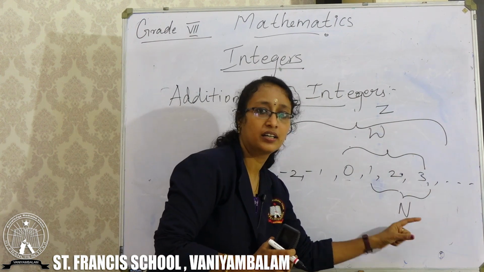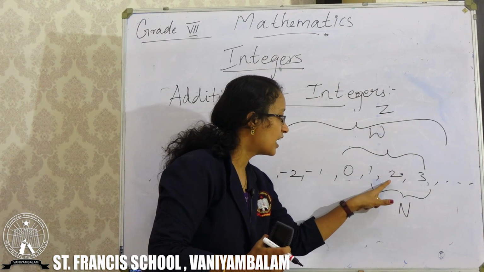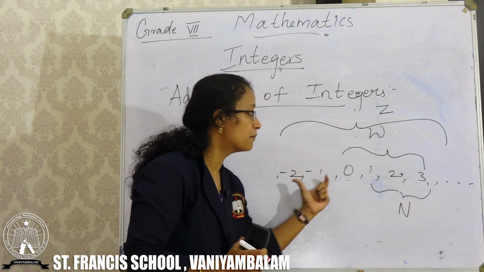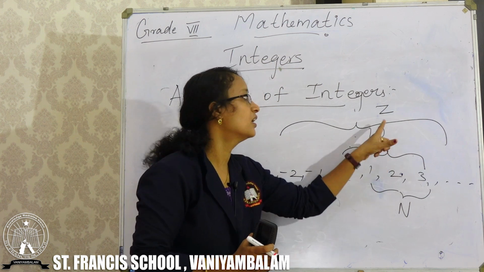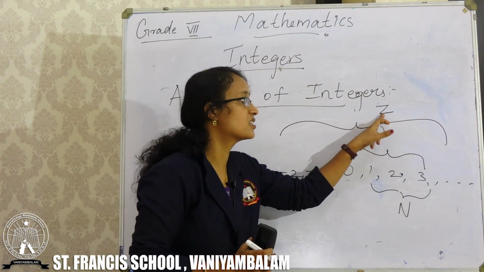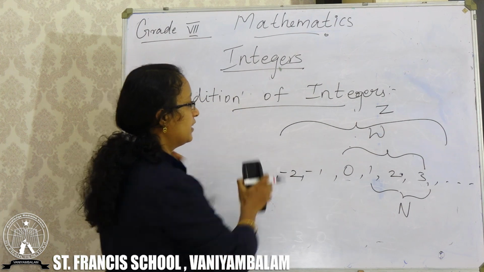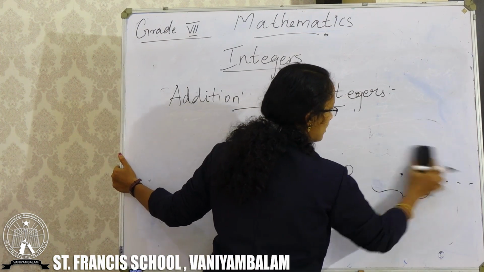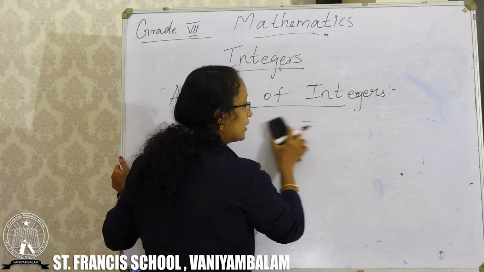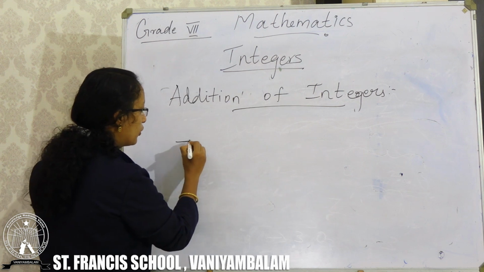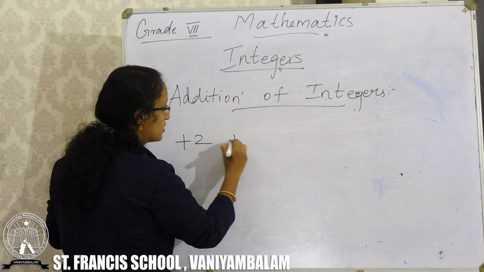Natural number is denoted as N. Natural numbers including 0 are your whole numbers and negative numbers with whole numbers are your integers. Integer is denoted as Z. Now we are going to add the integers. Addition of integers. What happens when two positive integers are added? So I am going to take two positive integers.